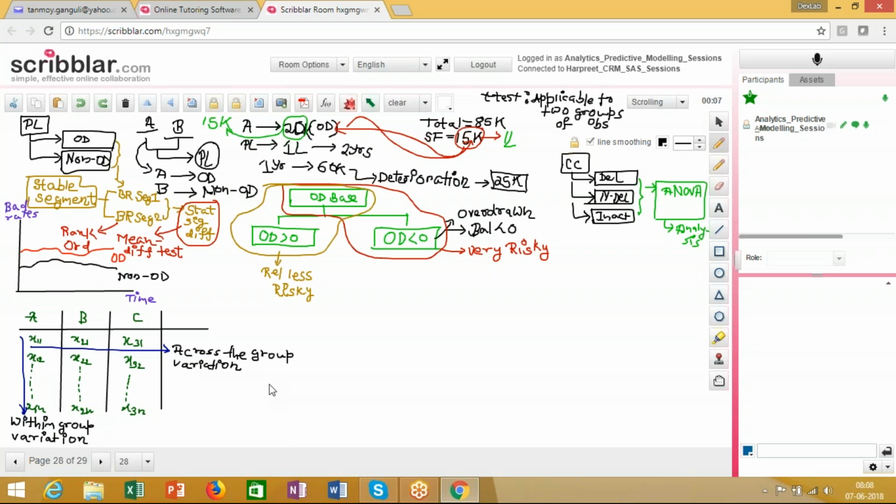Right. So this across the group variation is also known as the intergroup variation.